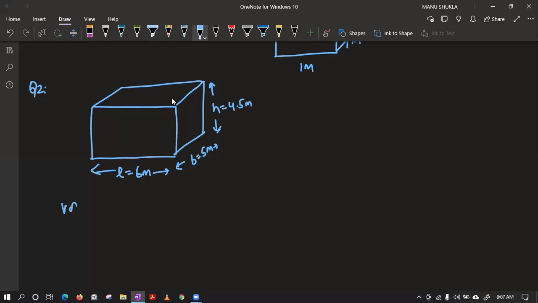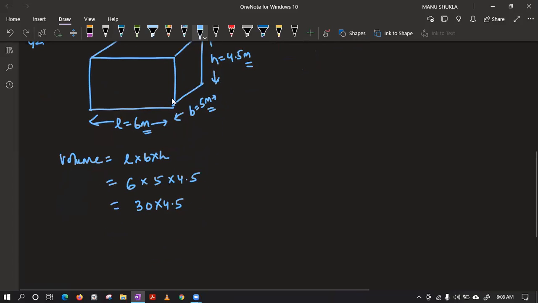So we know the volume is equal to L into B into H, that is 6 into 5 into 4.5. First you should see the units are the same, so we don't need to change anything. The answer will be 30 into 4.5.